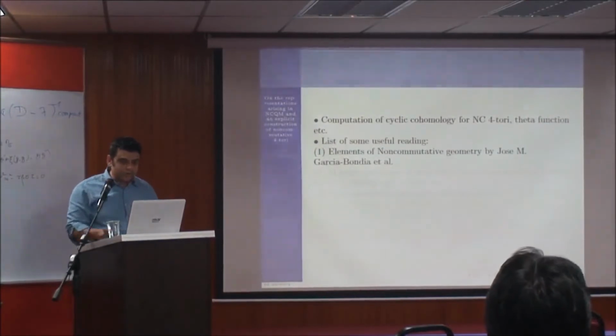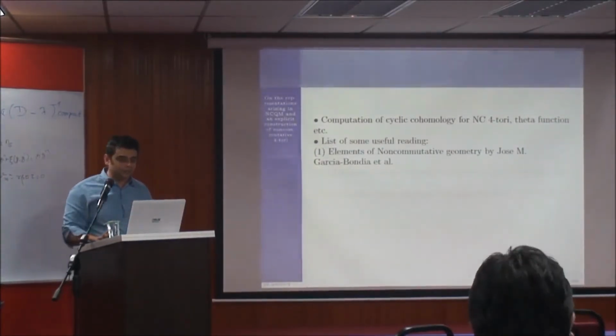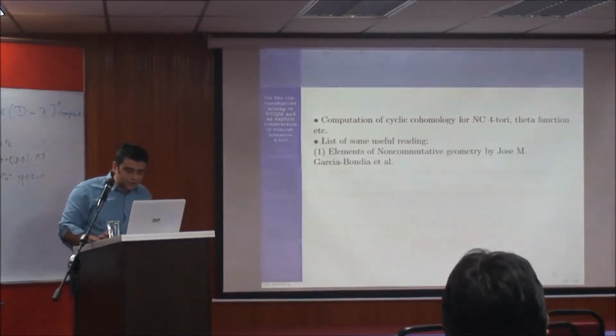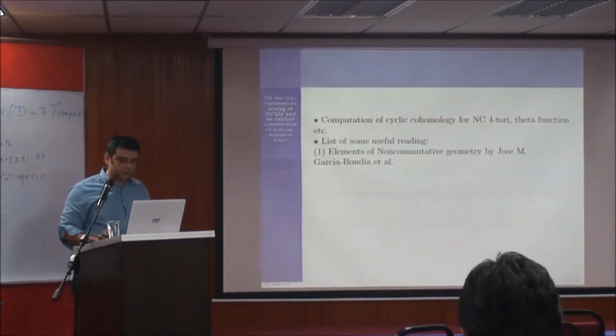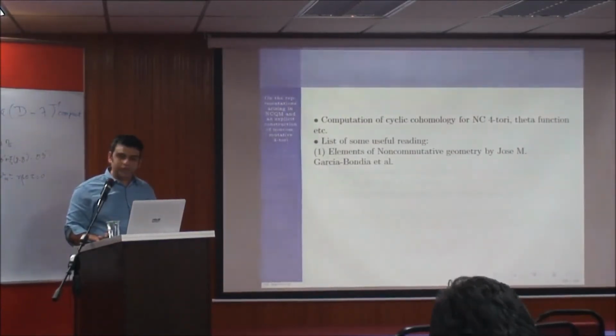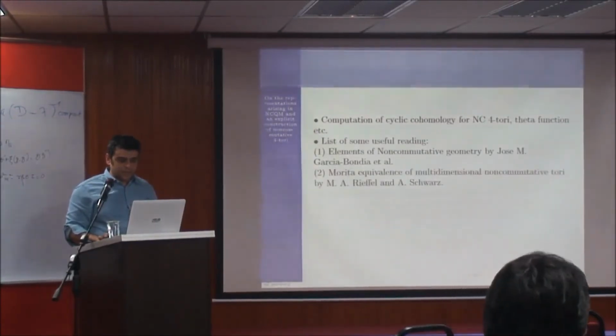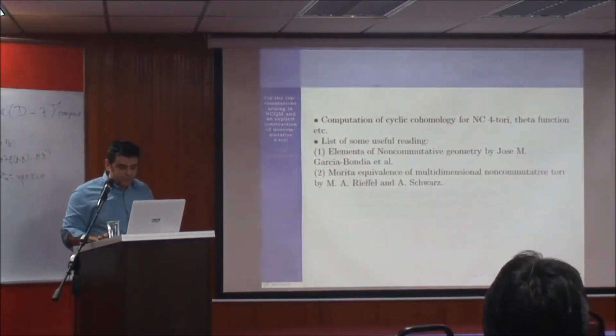Okay, so here is a list of some useful readings. The book that I like the most is The Elements of Noncommutative Geometry by Jose M. Gracia-Bondia et al. So you can have it. It's a very nice book to read, a very thick book, 794 pages. And I'm sorry that I did not add the references here.